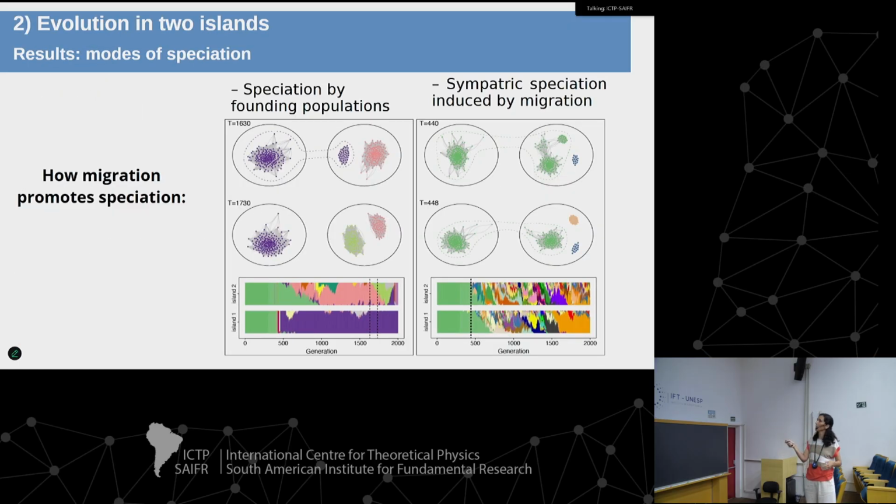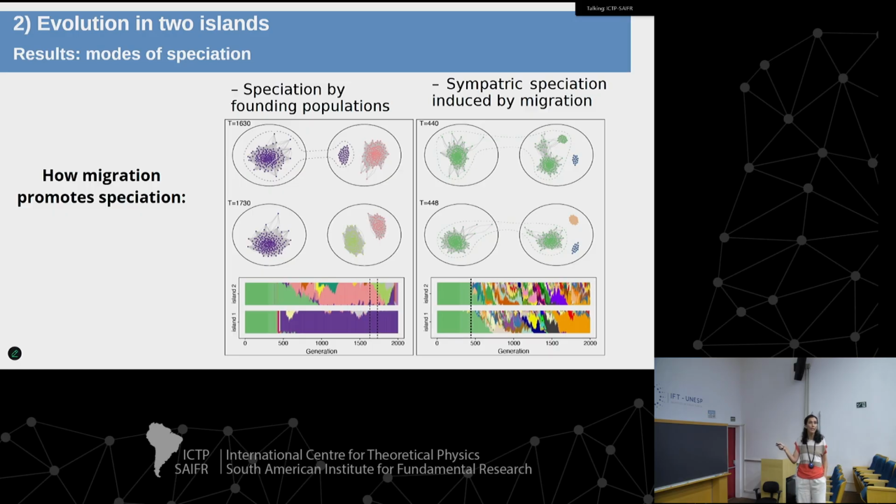And we saw basically these two modes of speciation. One is by founding population, as I mentioned, when a small population migrates to the other island, and as time goes on, it ends up being a new species.